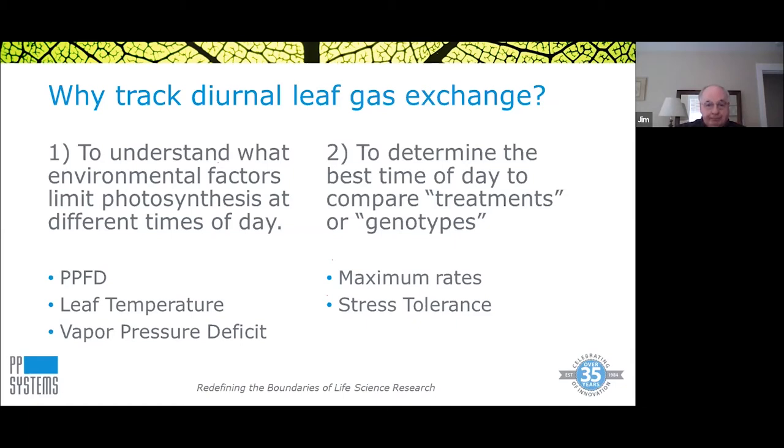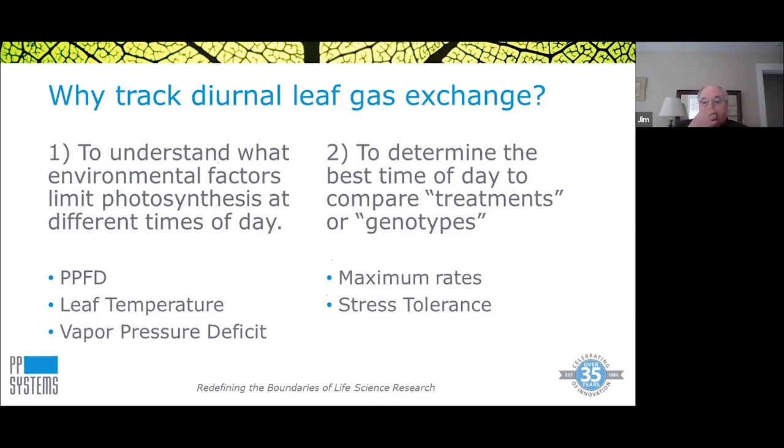Second, to determine the best time of day to compare treatments or genotypes, or whatever comparison we're trying to do. Are we looking for maximum rates of photosynthesis, or for stress tolerance at times of day when they're under stress?